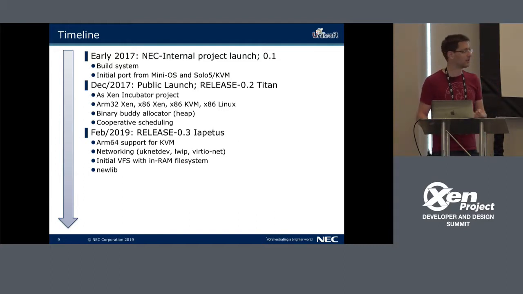We have initial VFS, which we ported from OSv actually. So it's really full-blown VFS support that you can select now as a library. We have an in-RAM file system, and because many applications need libcs, we started with newlib as the first library for having a libc.